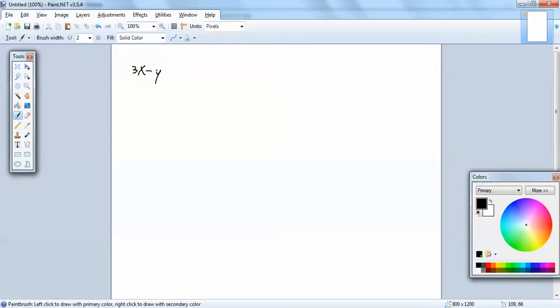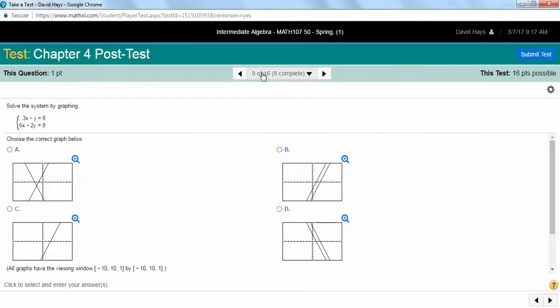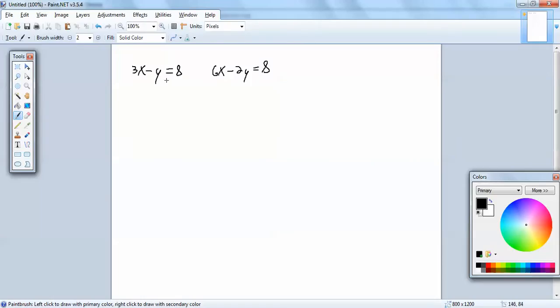So 3x minus y is equal to 8. 6x minus 2y is equal to 8. Now right away I see a problem. This I can divide all of them by 2, so that would give us 3x minus y is equal to 4.